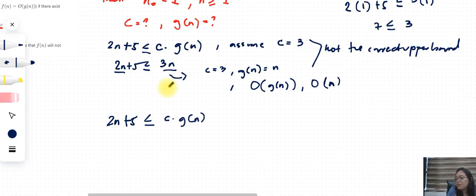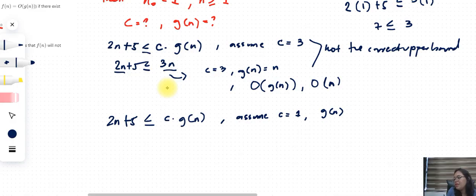Here, I will assume that c is equal to 1, and g of n is slightly higher than 2n plus 5. How do I do that? I do that by making the other term of the function the fastest growing term.